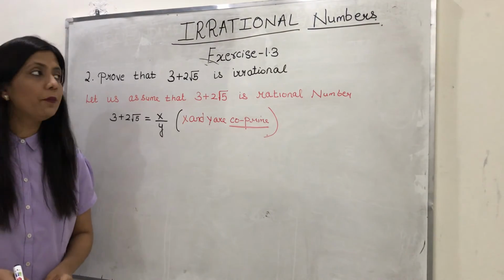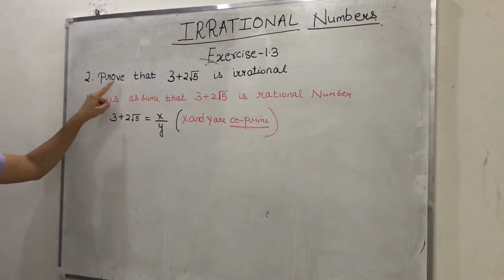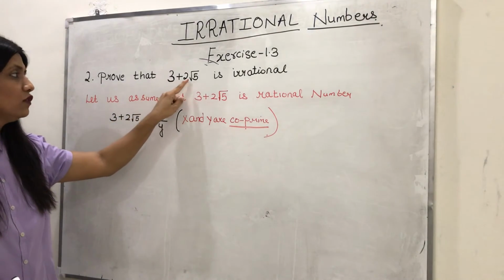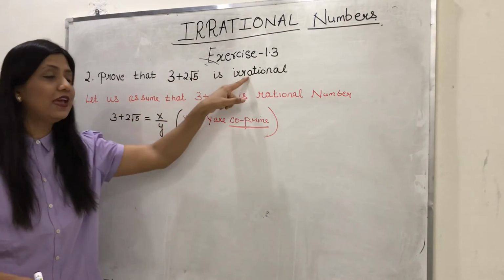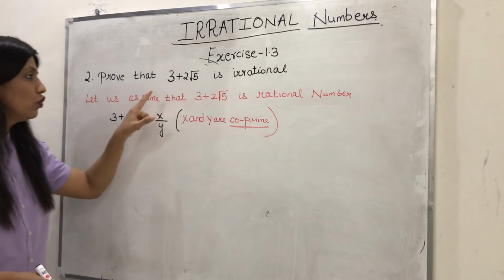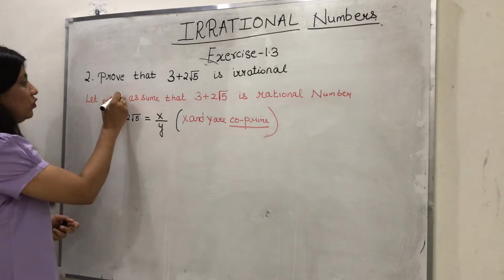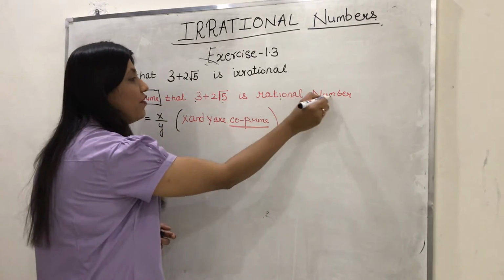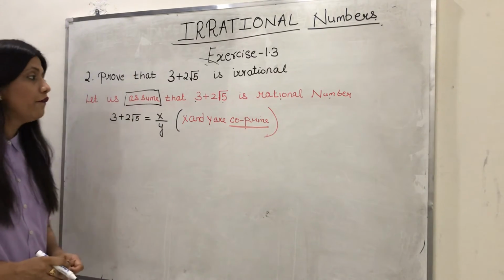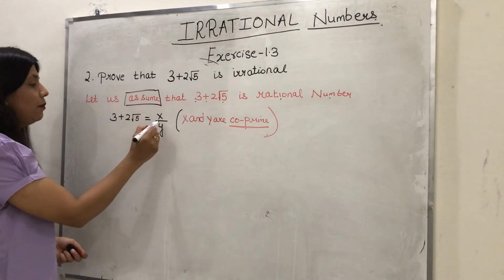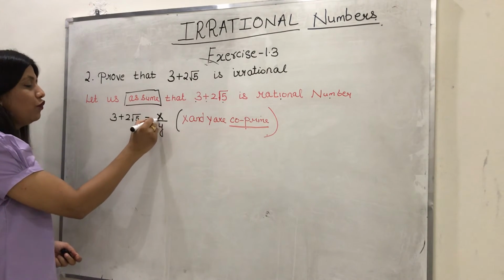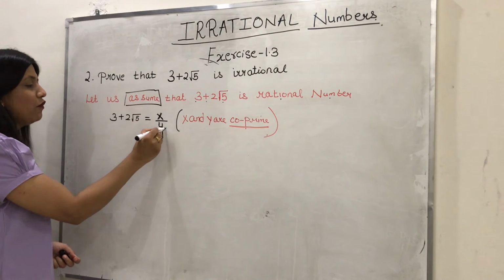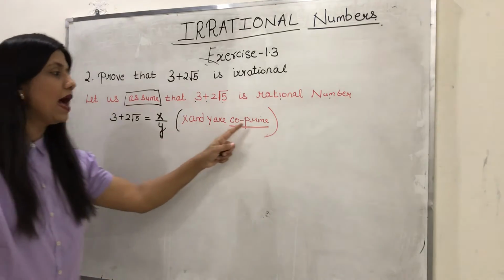Now in question number 2, we have to again prove that 3 plus 2 root 5 is irrational. So we will again assume that 3 plus 2 root 5 is a rational number. Fine. So if it is a rational number, you can write it in p by q form, or x by y form, where x and y are co-prime.